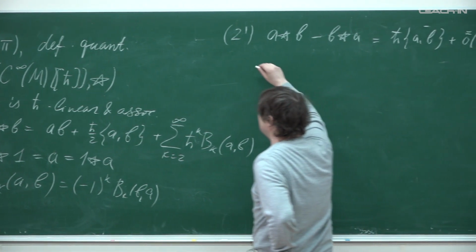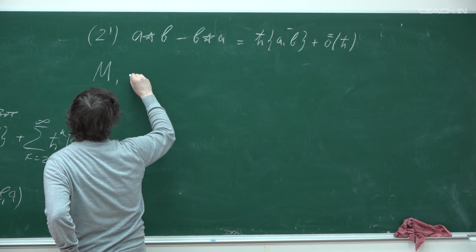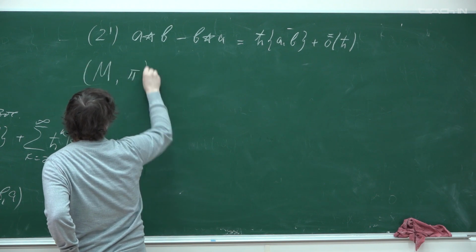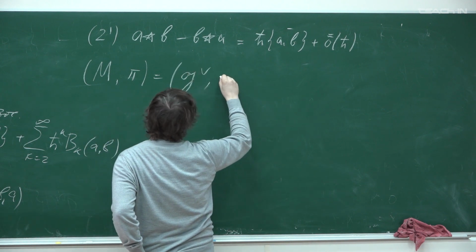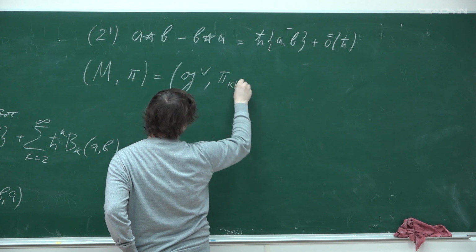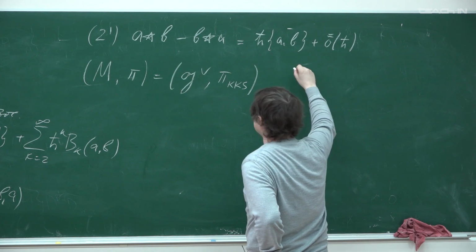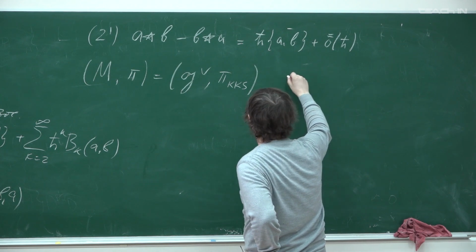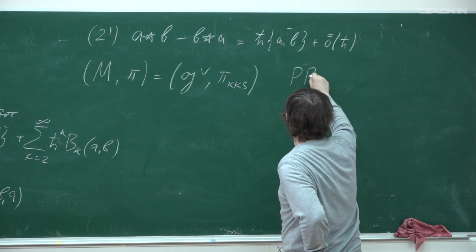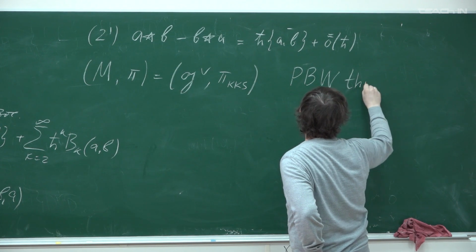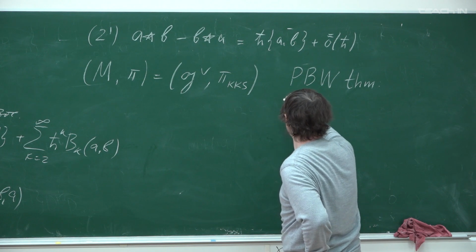Last time I gave you an example of the star product in the case where M and π are given by the dual space of a Lie algebra and the standard Kirillov-Kostant-Souriau Poisson structure. In this case, we induce the star product using the Poincaré-Birkhoff-Witt theorem. That is to say, we induce this star product from the universal enveloping algebra.